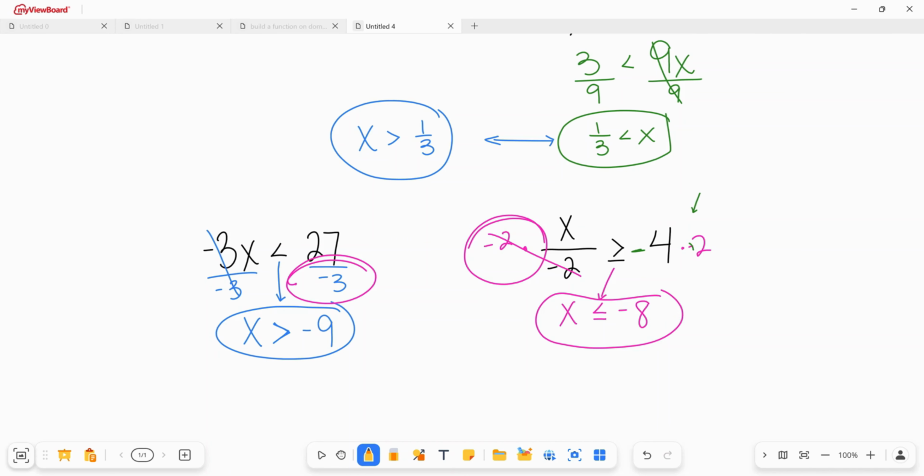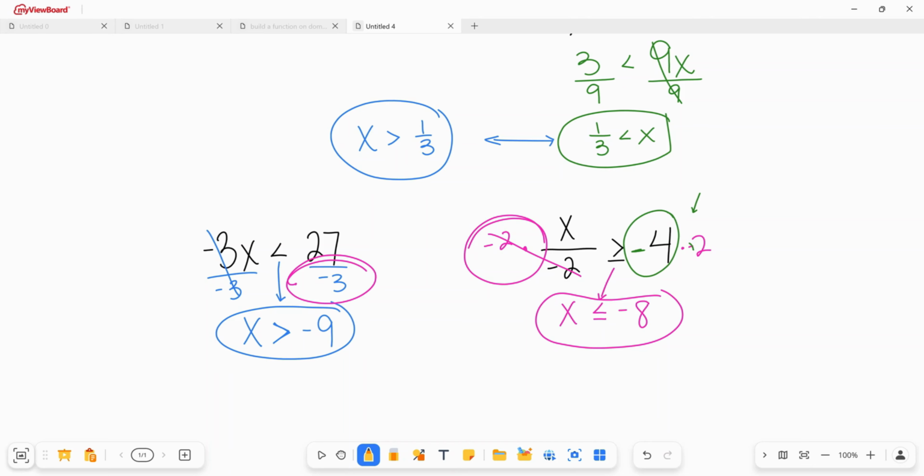So only if it is the thing that you are multiplying or dividing both sides by. If that thing on both sides is negative, then you flip the sign. It doesn't matter what this number was doing before we got over there, because that one wasn't attached to our letter. That one's not affecting us as much.